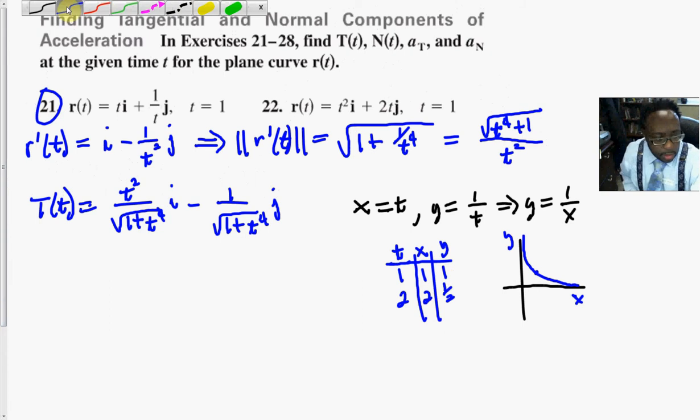So when x is 1, y is 1 right there, and then when x is 2, we get 1/2. So we're moving in this direction here. So in moving in that direction, that tells us that the tangent vector is also moving in that direction at that particular point. And so the normal vector is doing that.